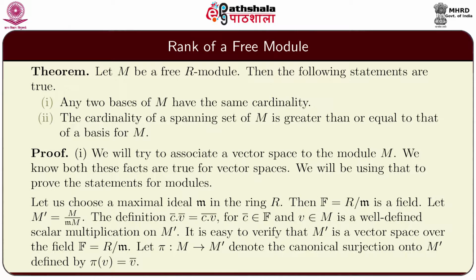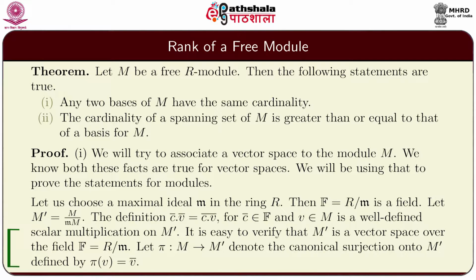In this case, the definition C bar dot V bar is equal to C dot V bar, for C bar in the field F and V in M, is a well defined scalar multiplication on M dash.